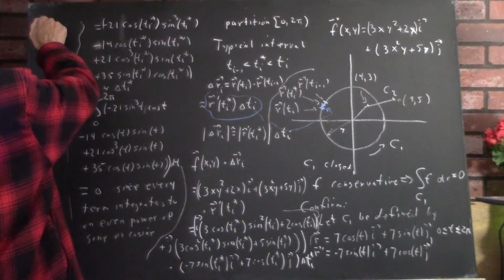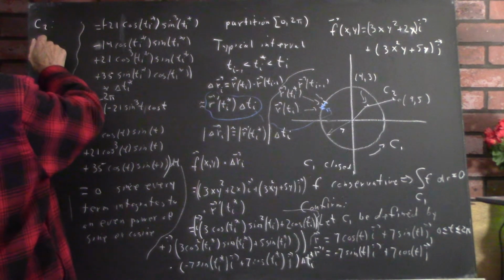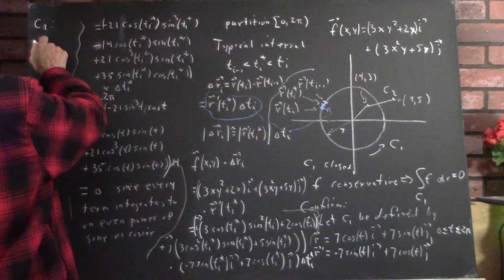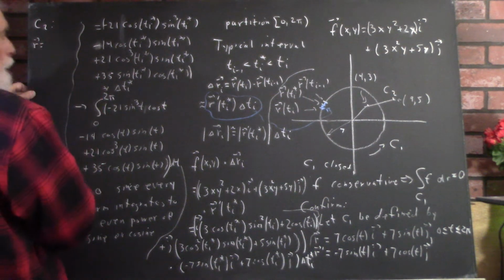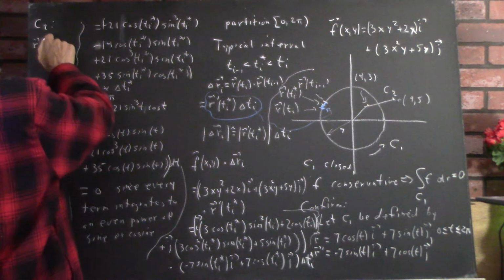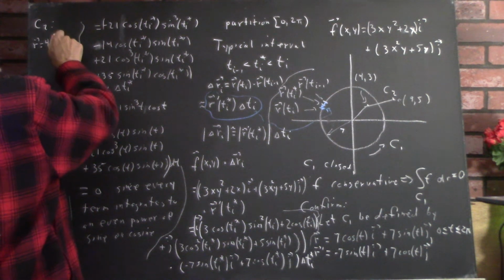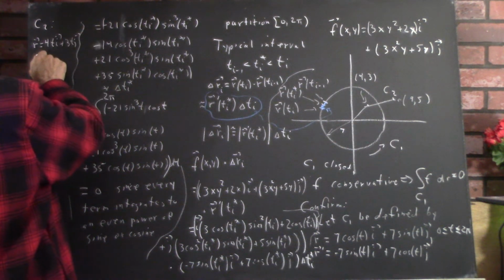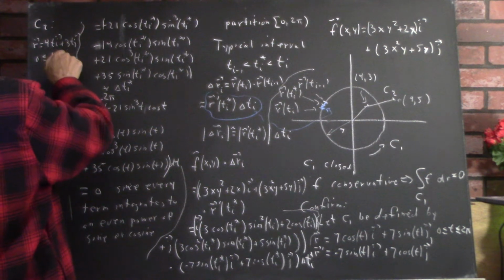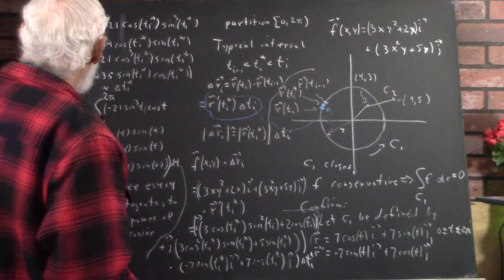path C2, your R vector is just going to be 4ti plus 3tj, 0 less than or equal to t less than or equal to 1.